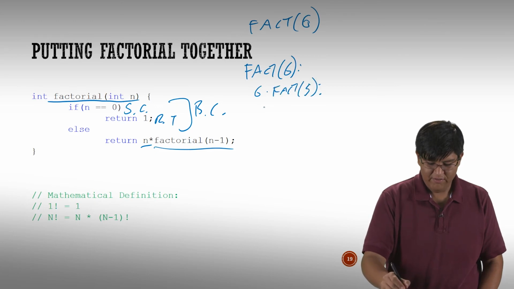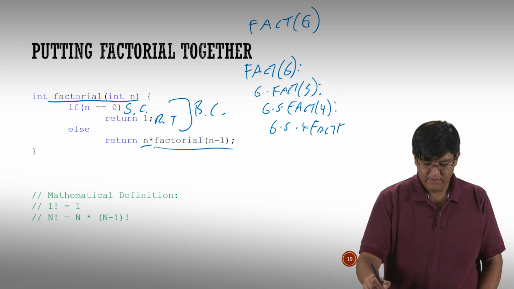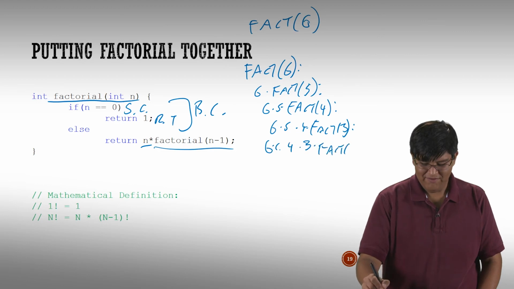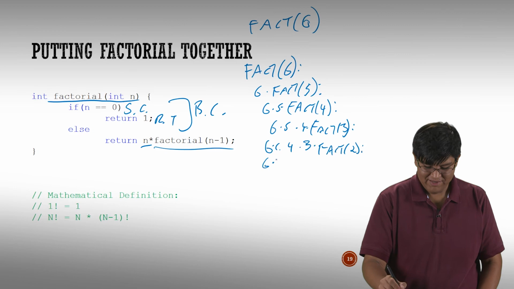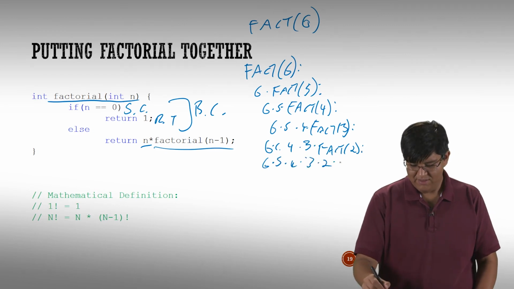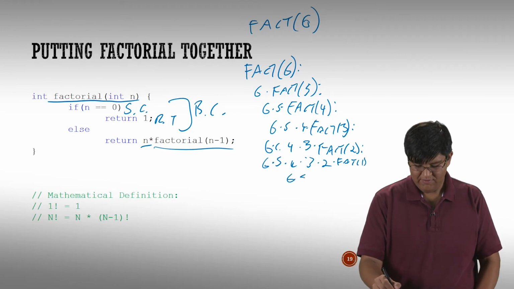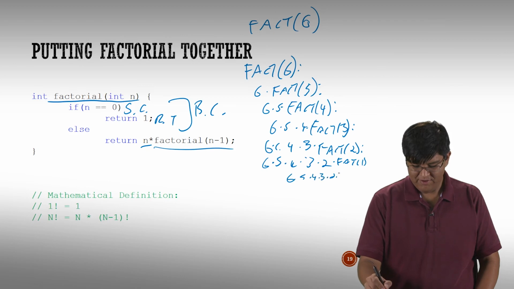This is a recursive call, which ends up being 6 times 5 times factorial of 4, which ends up being 6 times 5 times 4 times factorial of 3. This is where I'm regretting having such a large number. Factorial of 2, 6 times 5 times 4 times 3 times 2 times factorial of 1, which in the end gets me to 6 times 5 times 4 times 3 times 2 times 1.